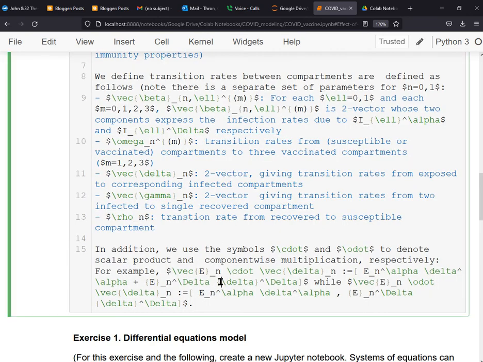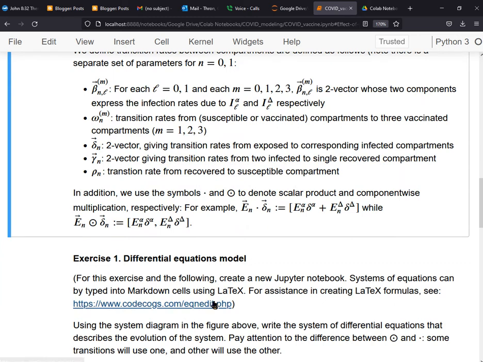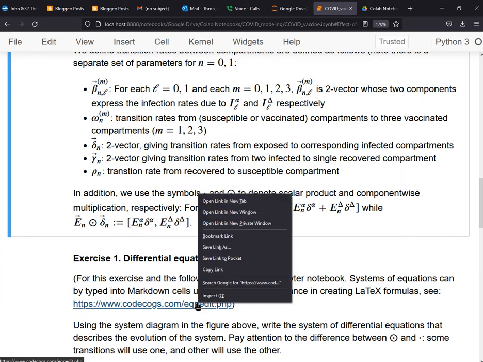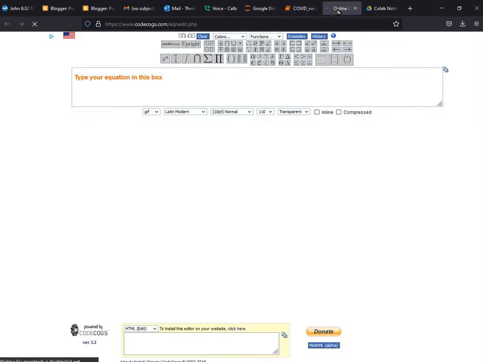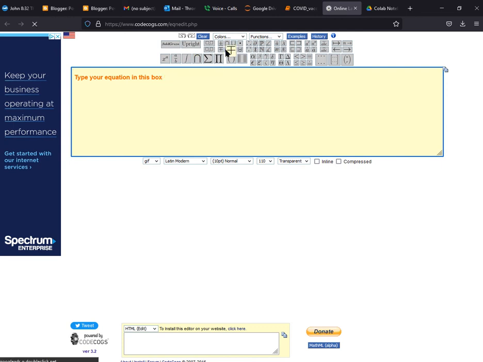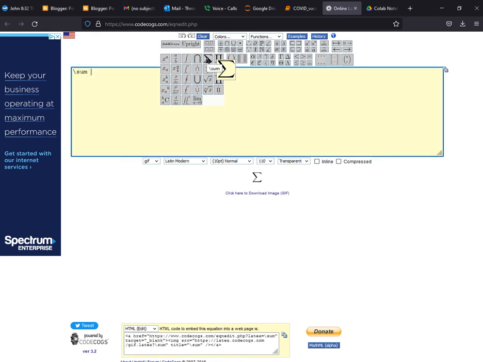If you have no familiarity with LaTeX, a very easy way to use LaTeX is go to this one here. If I look at this here, you can construct formulas here. This is like constructing formulas in Word. If I want to construct a sum, I do sum. And then here, if I want a sum below and above, you can see how this works.